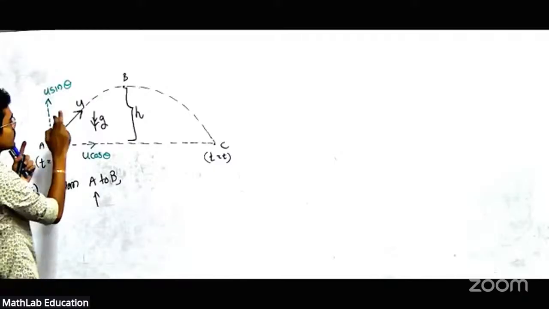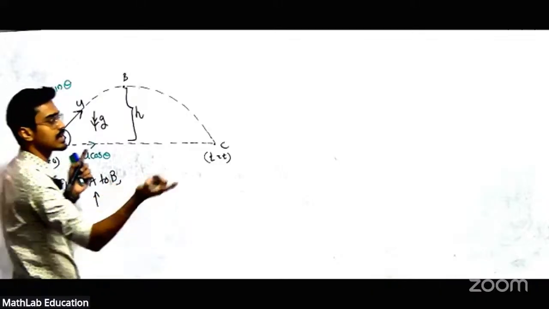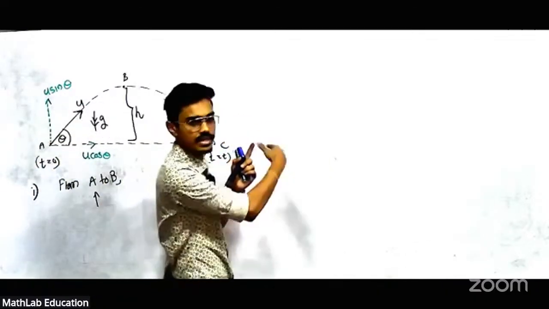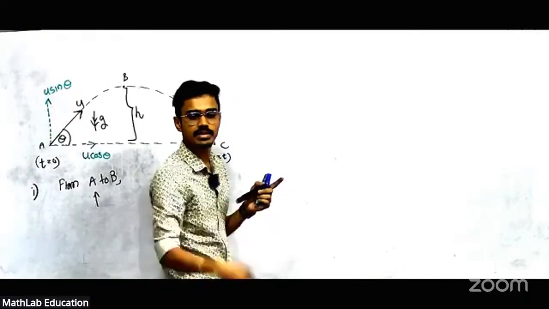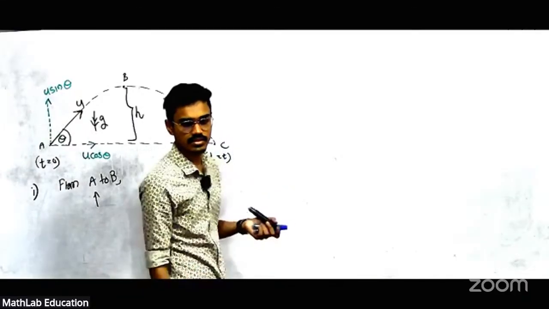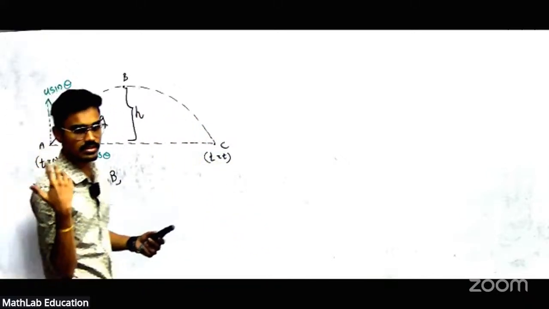From A to B, the maximum height of that vertical linear motion will be the maximum height of the projection. You know how to determine the maximum height of a linear motion; we discussed it 2-3 weeks before, from the very starting day also, right?